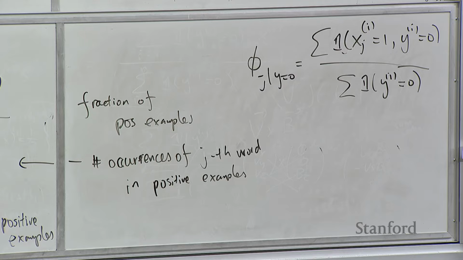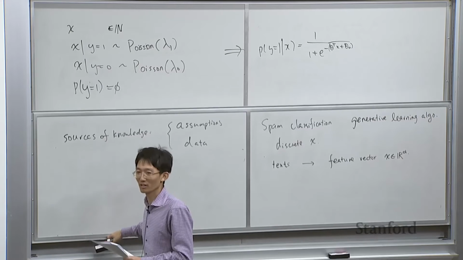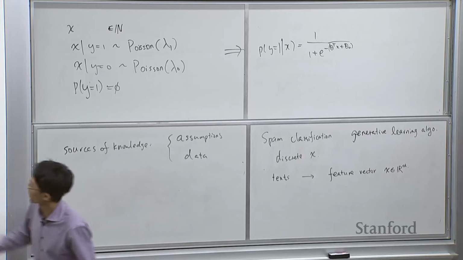Okay, so basically we are done with this. At least we are almost done. There's one small thing that we have to address, but in terms of the estimated parameters, we are done.